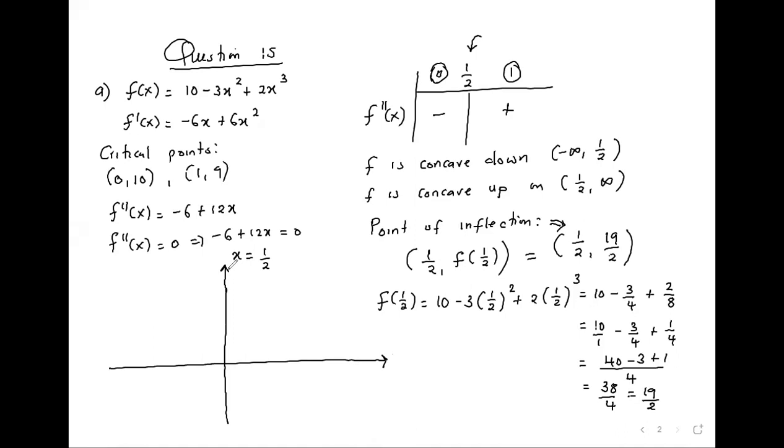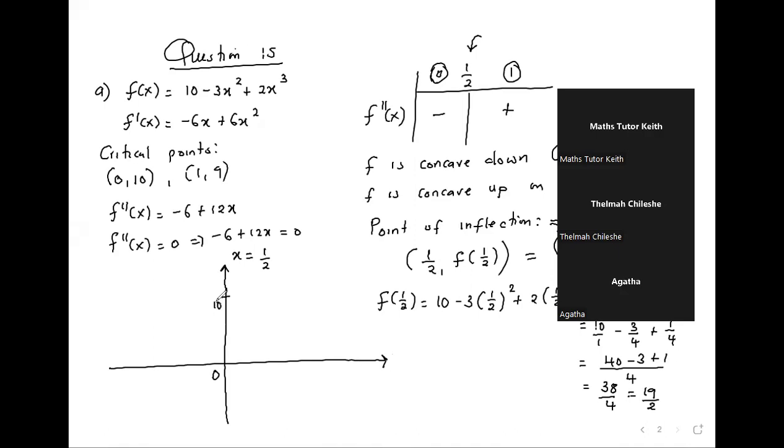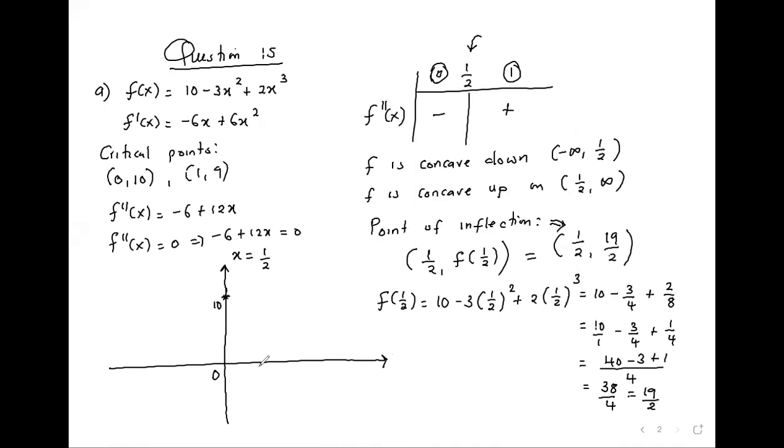Okay, I'll do. So we have (0, 10), and then we'll have (half, 19/2) here, and then we have (1, 9) here.